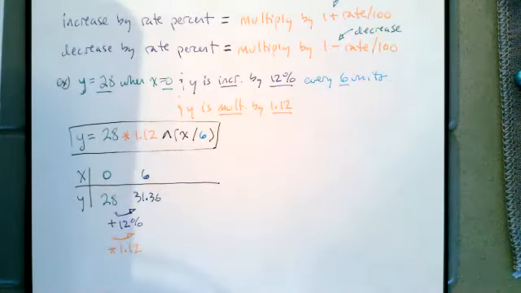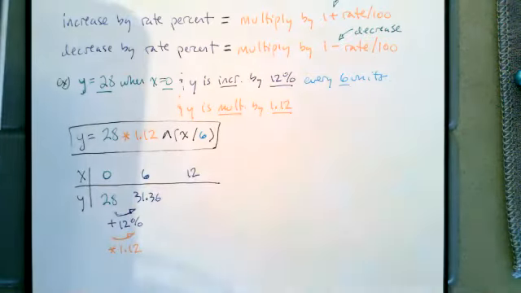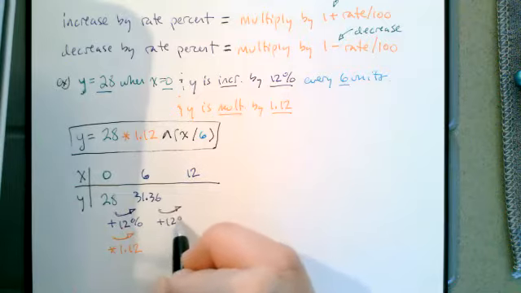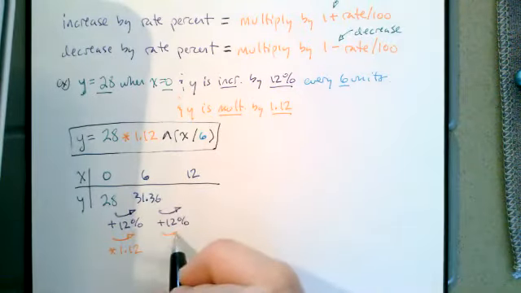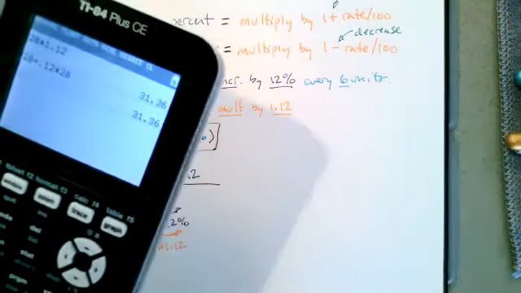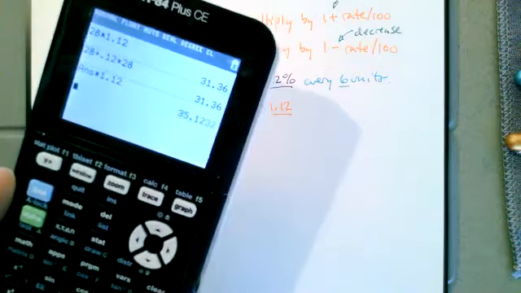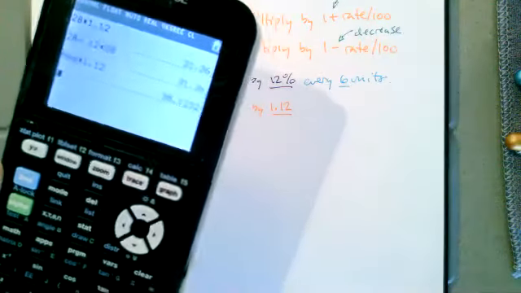The next step would be at 12, where we could add another 12%, which is the same as multiplying by 1.12. So if I take my 31.36 and multiply by 1.12, we'll be at 35.1232.